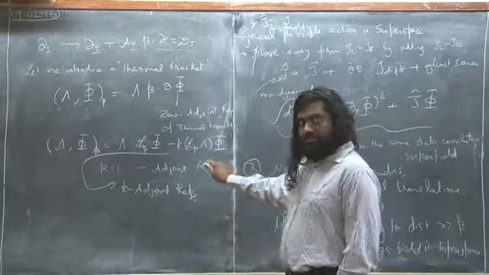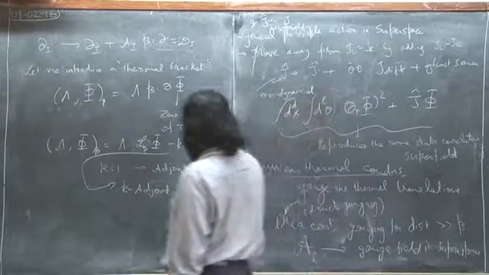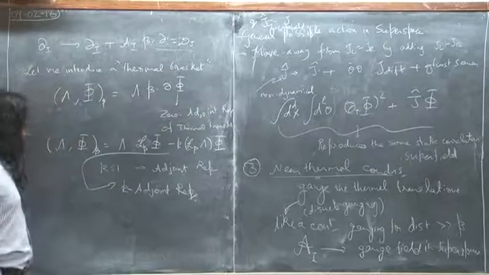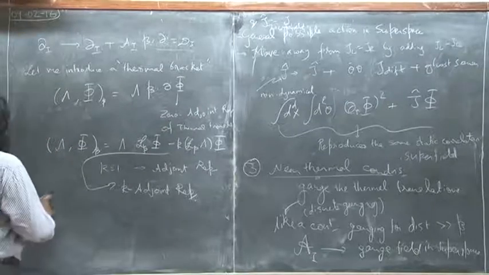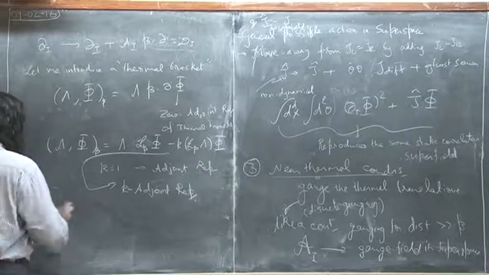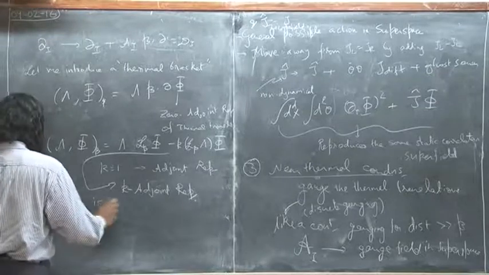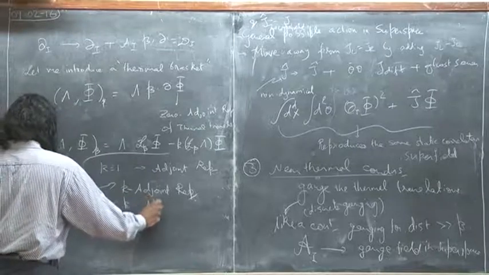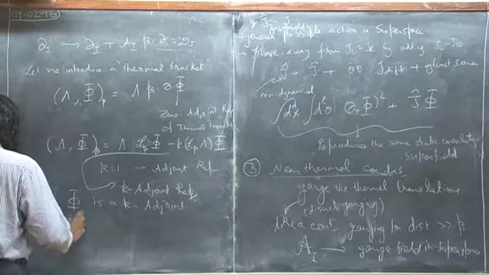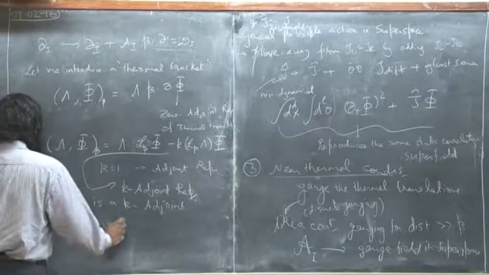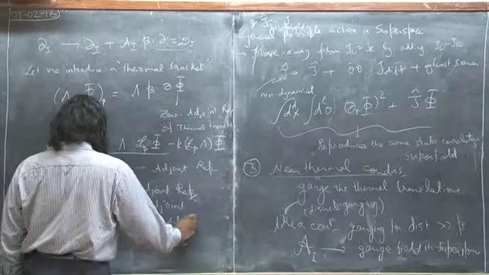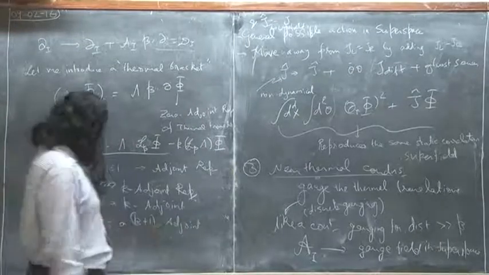So the question is, you can introduce these k adjoint representations, and you can do representation theory. For example, if phi is a k adjoint, then L beta phi is actually a k plus 1 adjoint, which you can check by the definition that I gave.